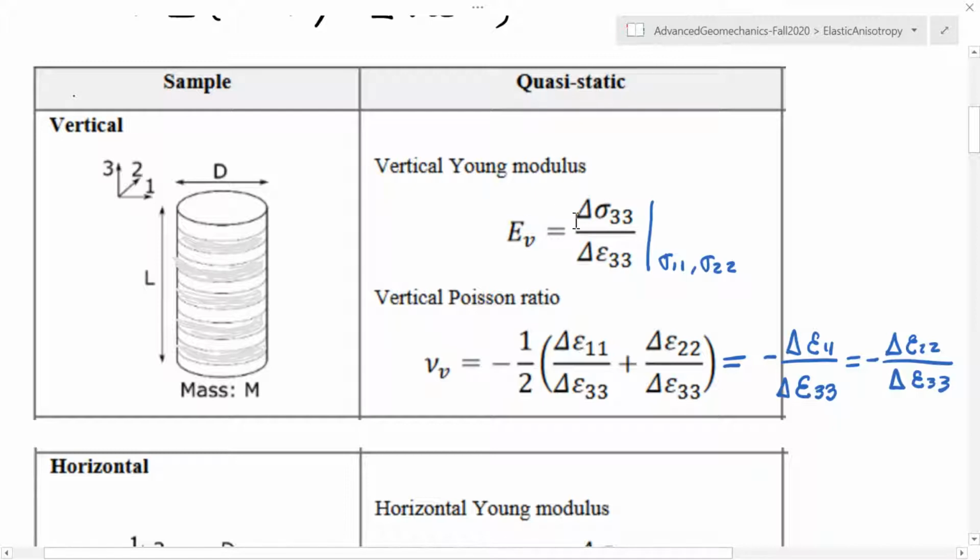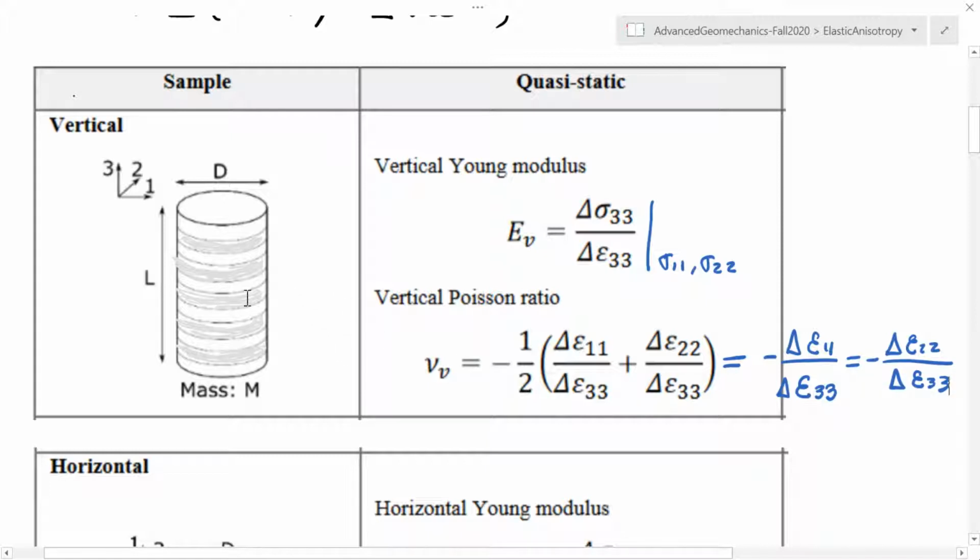So now this is the same experiment as the one that we use for measuring the vertical Young modulus, and measuring expansion in either direction 1 or direction 2. Again, keeping the radial stress constant.